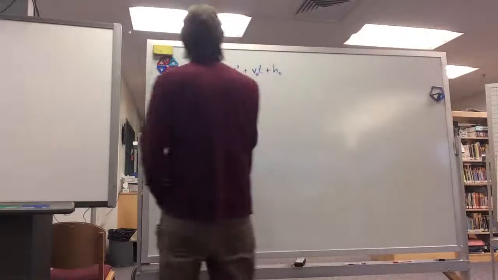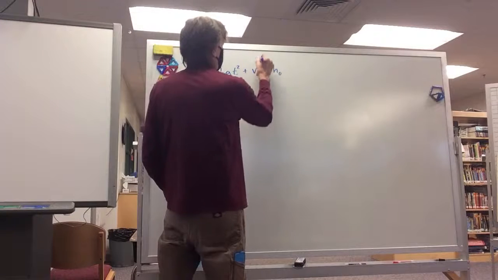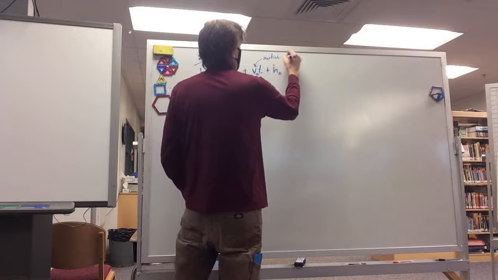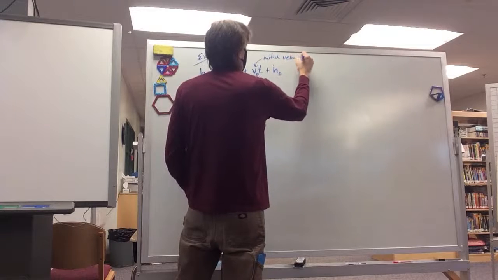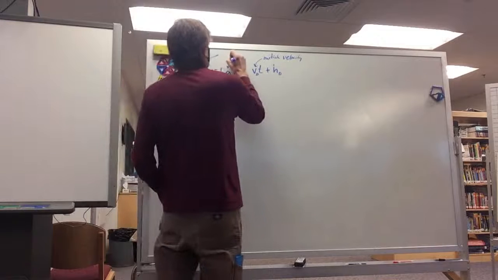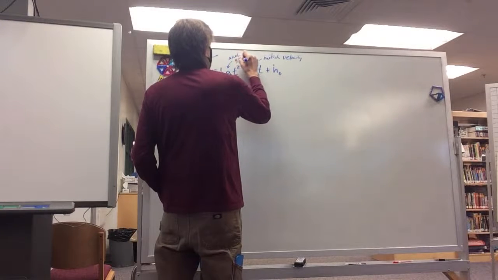Okay, so v is velocity? Yeah, I gave you this the other day. That's initial velocity, speed. And g is gravitational acceleration.